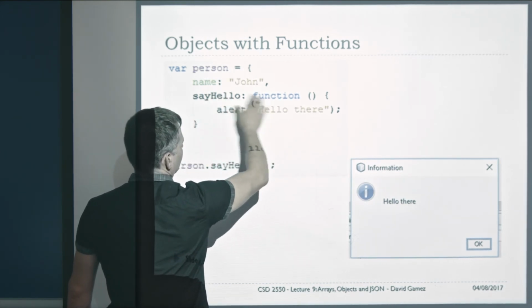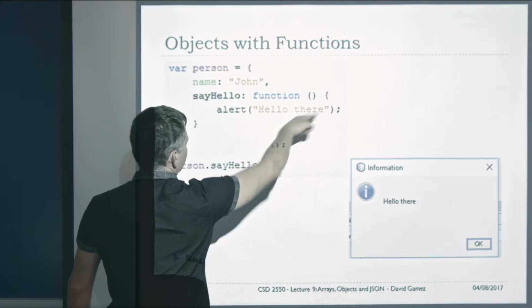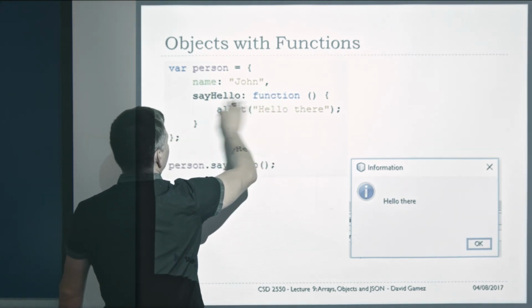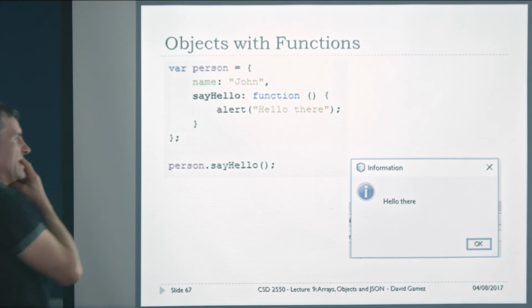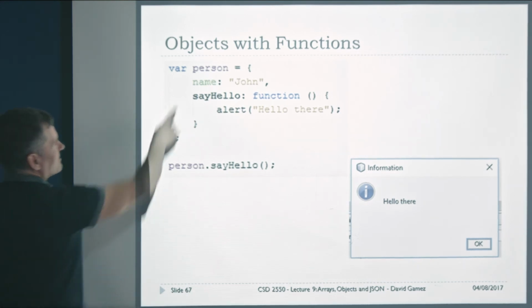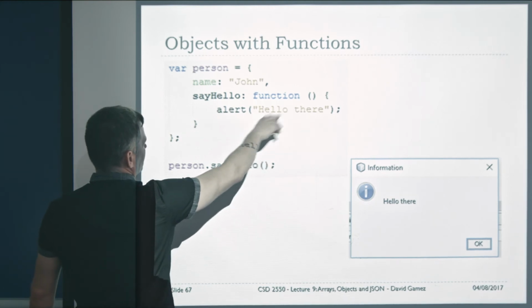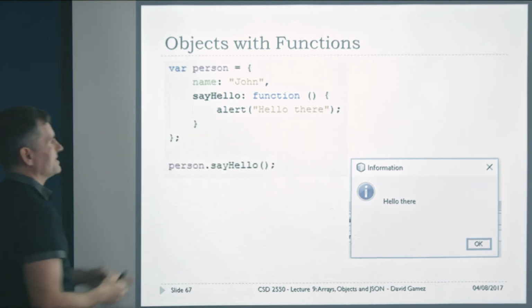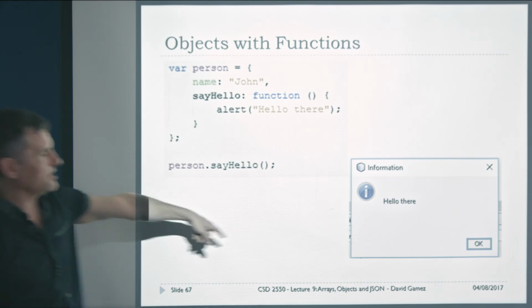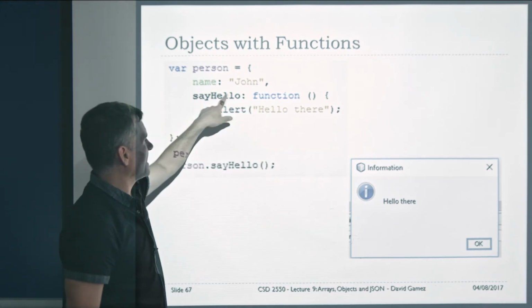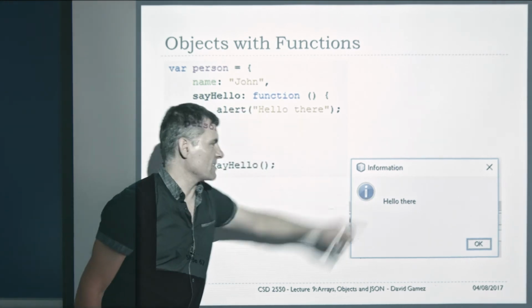The key has a name, sayhello in this case, right? And this is defined as the value associated with the key sayhello. If we want to invoke that function, we just do person.sayhello, and to tell JavaScript that it's a function we want to invoke, we use these parentheses. So if we do person.sayhello, it's going to execute the code here and output hello there.